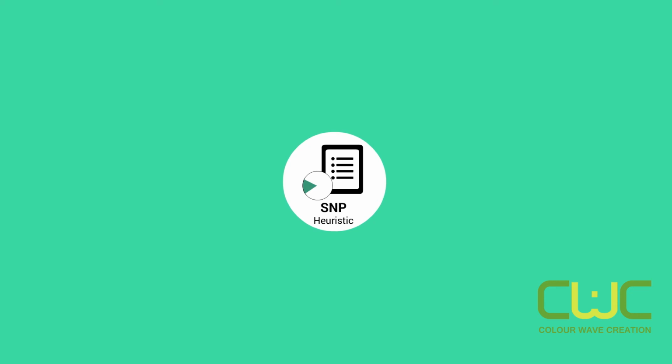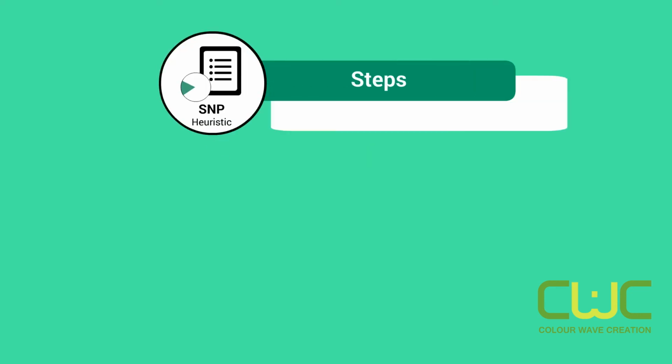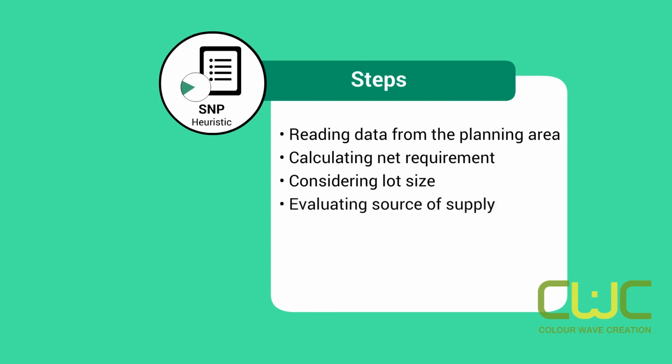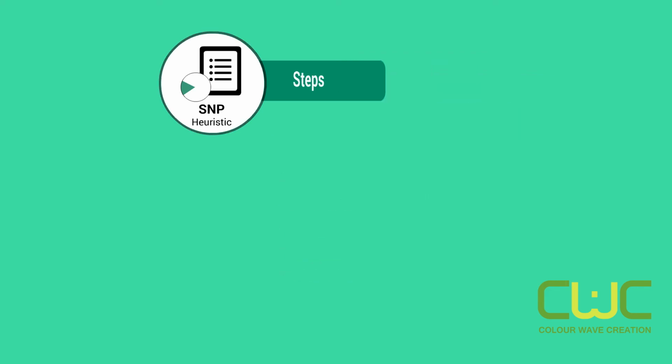The SNP heuristics follow certain steps to complete its functions. The steps can be listed as reading data from the planning area, calculating net requirement, considering lot size, evaluating source of supply, checking procurement type, creating receipts, calculating resource load. While executing the processes, SNP heuristics also considers certain factors.